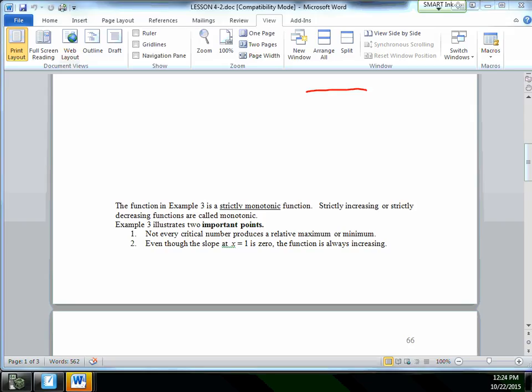Even though the slope at x equals 1 is 0, the function is always increasing. The slope there at 1 is 0, but we didn't change from increasing to decreasing. A max has to occur on a hill, a min is down in the valley. You have to change from increasing to decreasing for a max, and from decreasing to increasing for a min.